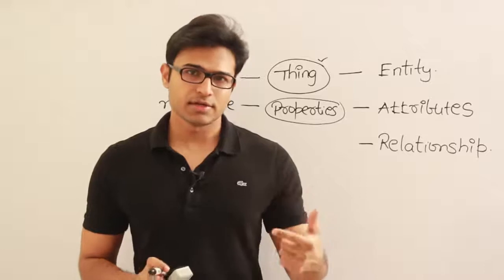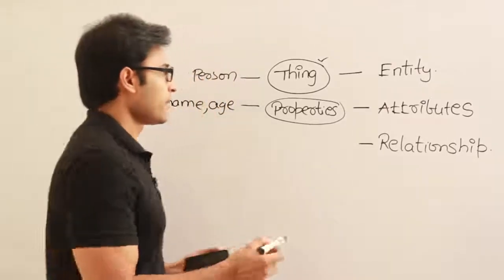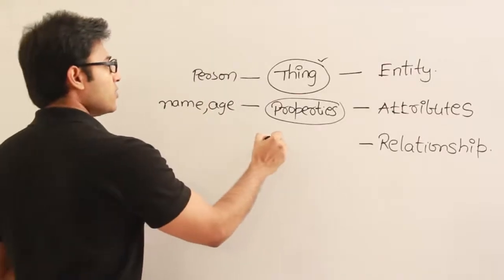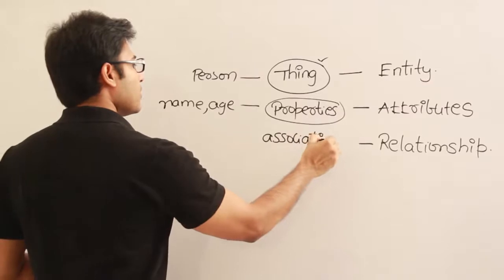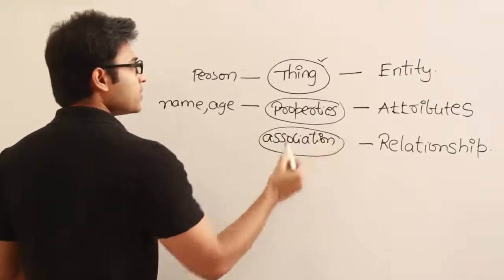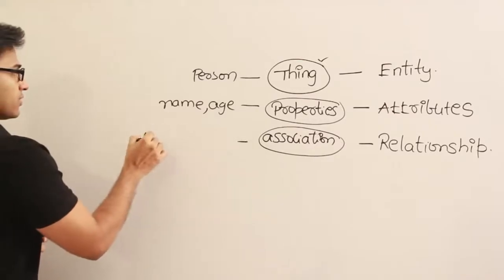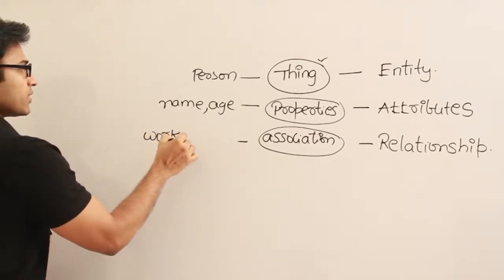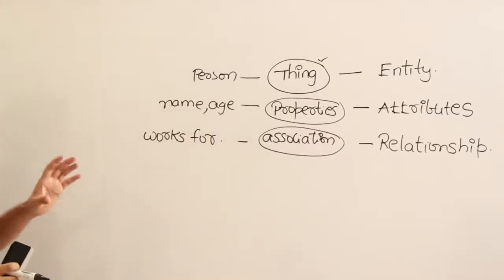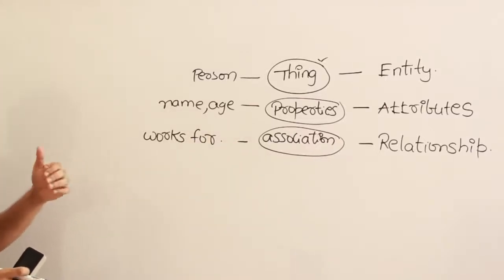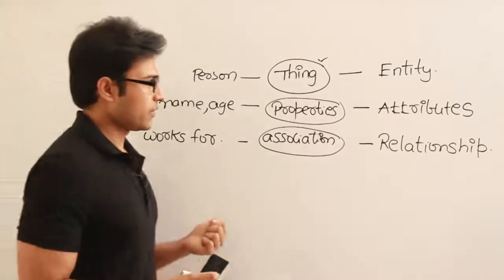And this is called a relationship. A relationship is nothing but the association among these entities, right? For example, what is the association between employee and department? Works for. So works for is a relationship, got it? So we have all these three things which have to be discussed in detail in case of ER diagrams, okay.